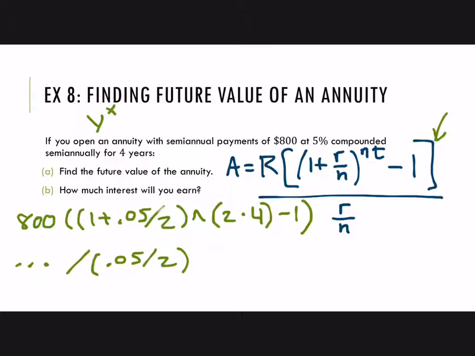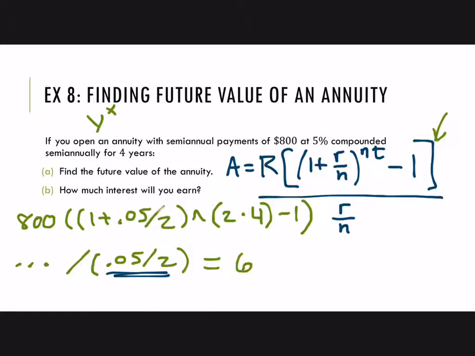Notice if you have something in parentheses that works out to be an exact decimal, then you can figure that out ahead of time. So maybe even for the denominator here, you could figure out what 0.05 divided by 2 is, and then you would not need this parentheses in the denominator if you're just entering in one number. Okay, so try that out and see if you get the same answer that I do.